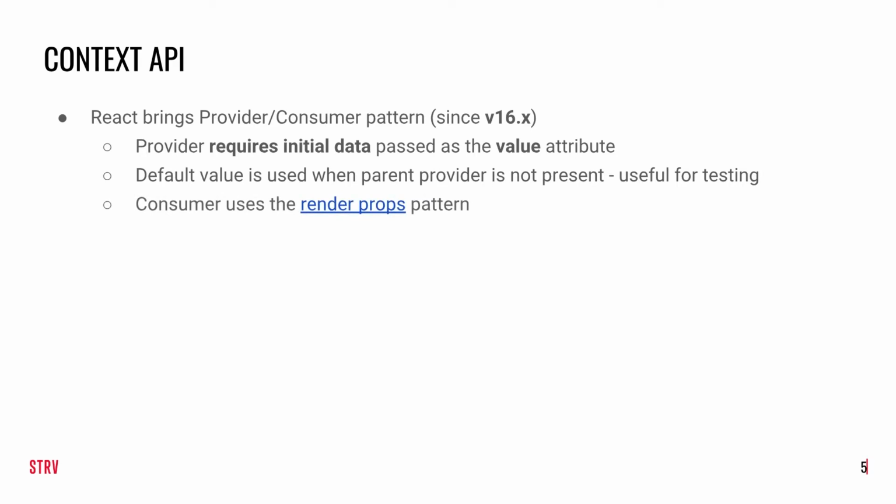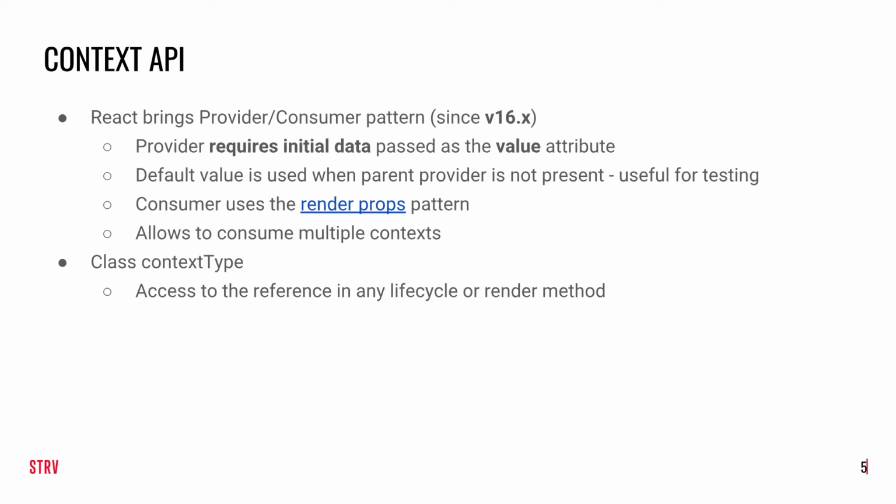Consumer uses the render props pattern. You can check out what it means here. And the good thing with this pattern is that it allows us to consume multiple contexts. We have another way to bind context, via contextType.